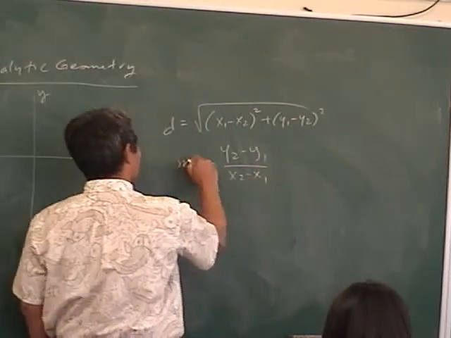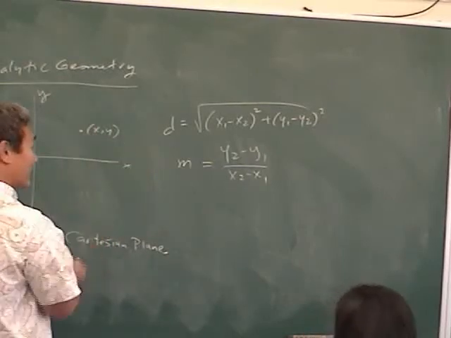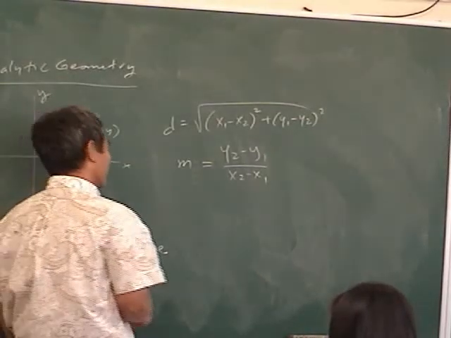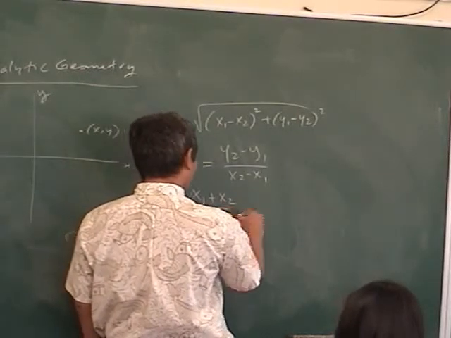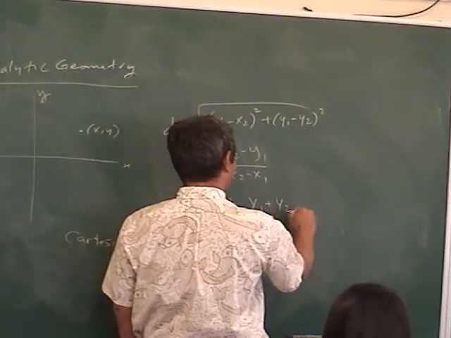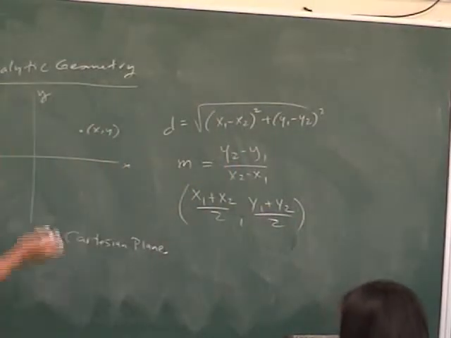Yeah, that is to compute the slope of a line connecting 2 points in the Cartesian plane. What is this formula? This is how you find the midpoint between 2 points in the Cartesian plane. And that's pretty much all you have to know on tonight's homework. We're not even going to write an equation of a line, because right now that's too difficult.